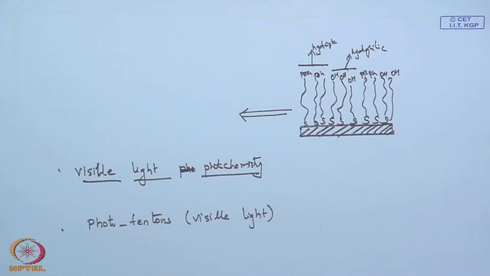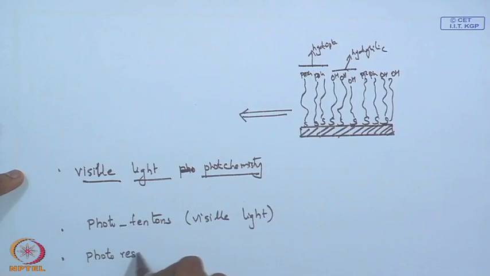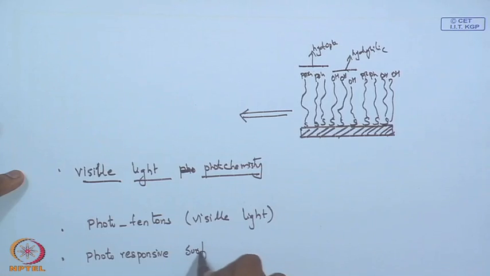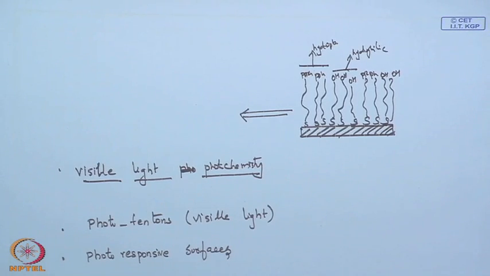So that is also another area coming out. And the final nice area is photoresponsive surfaces, which people are working on, where before you shine light the surface is hydrophobic, and after you shine light the surface becomes hydrophilic. That is another nice area coming out.